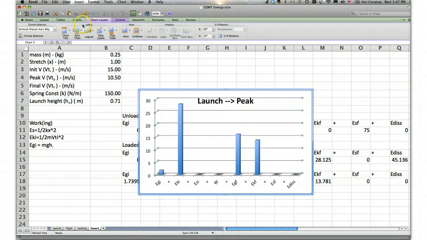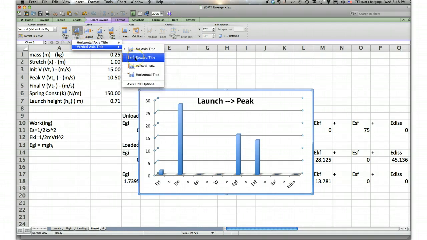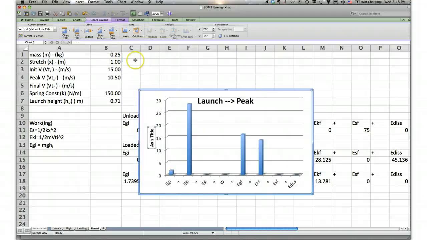And then what I would also do while I'm here is the axis title, and I would have, for the vertical axis title, a rotated title, because a good graph should always have the units. And so these are joules.